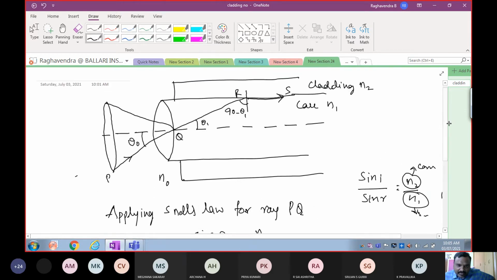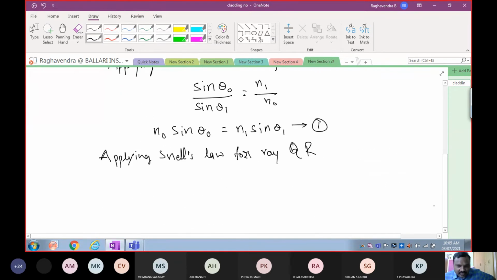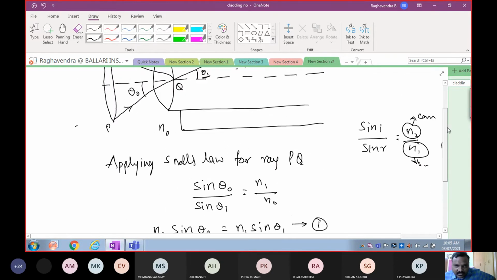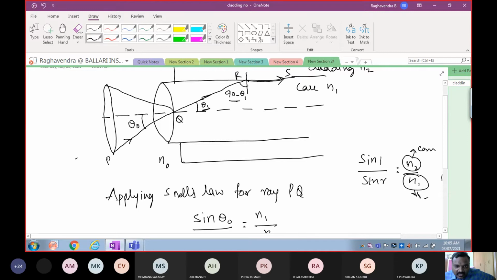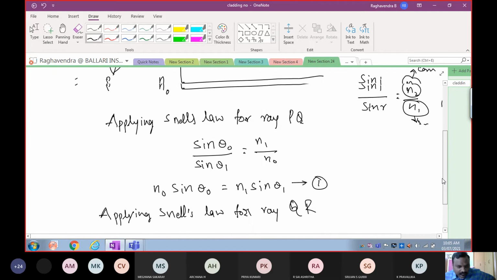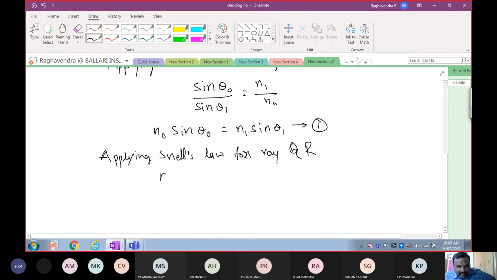Here the angle of incidence is 90 minus theta 1, and the angle of refraction is 90 degrees. So this can be written as n1 sine of (90 minus theta 1), which is equal to n2 into sine 90.